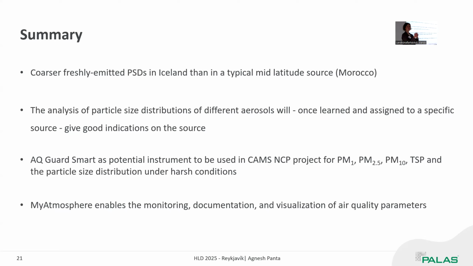Are there any questions for Agnes in the room here? I guess I would have one. So you said the particle size distribution is 20 micrometers, the largest the instrument can measure. Yes, I think for the AQ Guard. Because when we get those measurements, it's also known from medical studies that particles larger than microns are found in lungs of dead people.